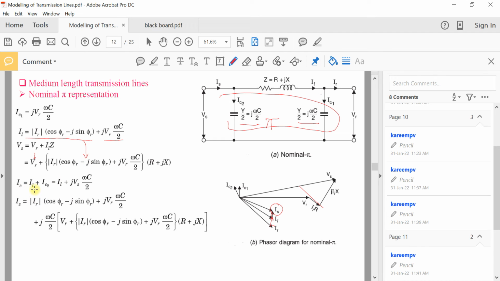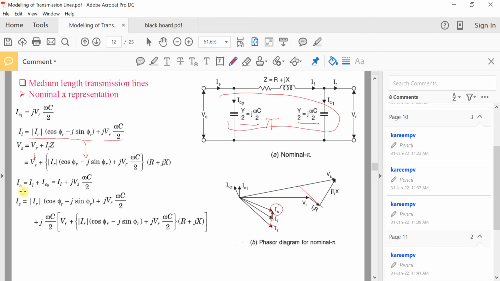And for Is, you can see that Is will be equal to IL plus IC2. IC2 is the current flowing like this through this capacitor. So that will be equal to the terminal voltage Vs into its admittance, Vs into j omega C by 2. That is IC2. So Is is equal to IL plus IC2.